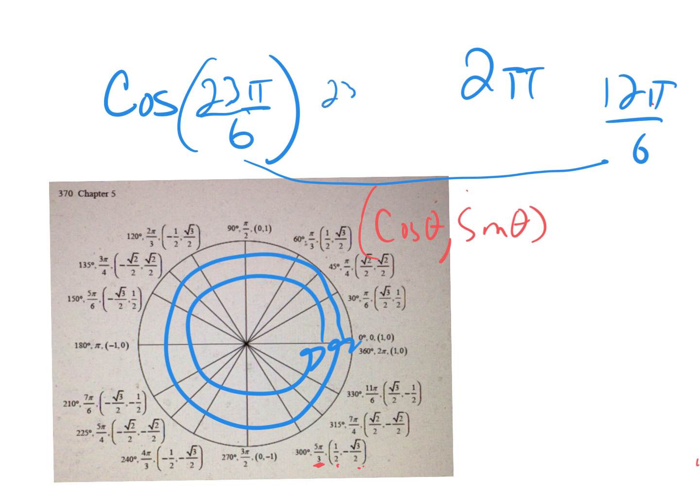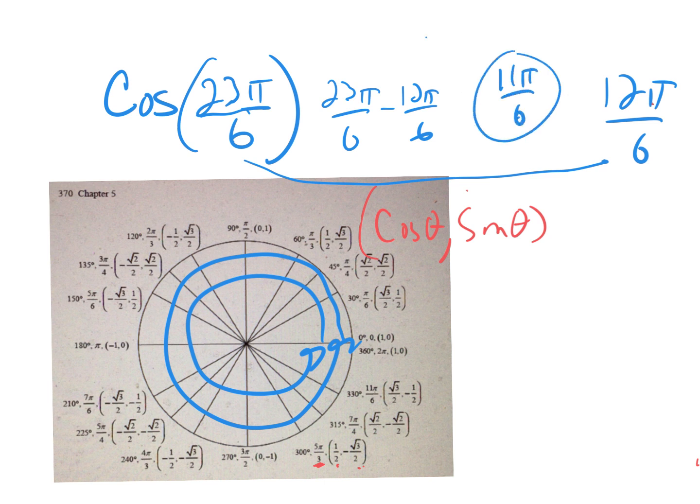So 23 pi over 6 minus 12 pi over 6 is going to be what? Isn't that going to be 11 pi over 6? And 11 pi over 6 is less than 12 pi over 6, so I know I've only got 1 rotation left to go.